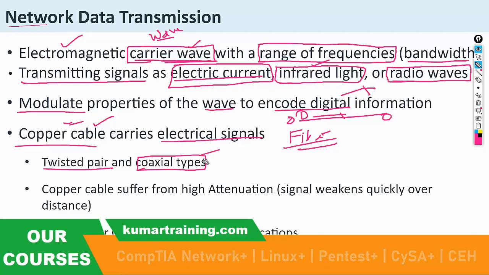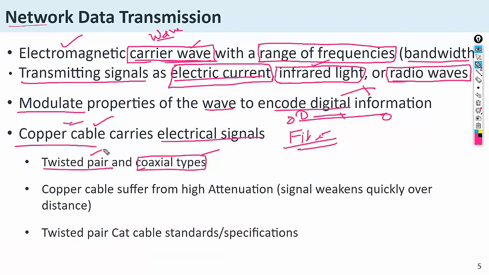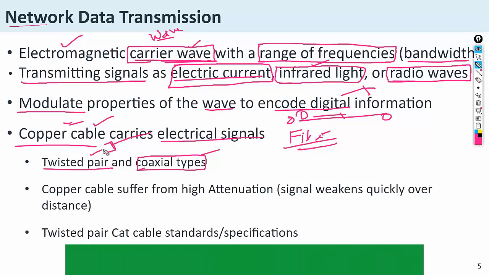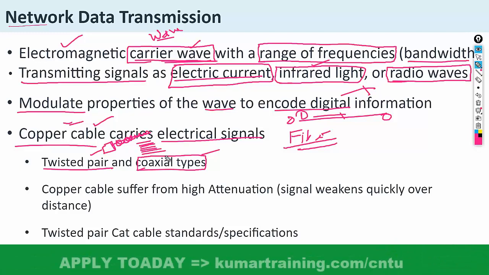We will discuss twisted pair in detail later, but you can consider this: if you are using it at your home, there is one wire directly connected to your laptop or desktop. This cable is called a twisted pair cable, which has multiple wires inside it. How many wires, we will discuss.